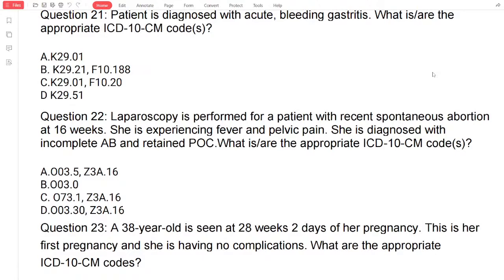Here it says the abortion happened recently, right? So there is no need to report the weeks of gestation, and treatment is provided for the complication. Hence the answer is B. Clear?